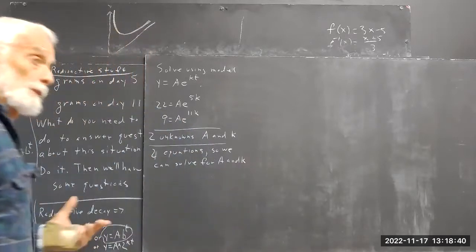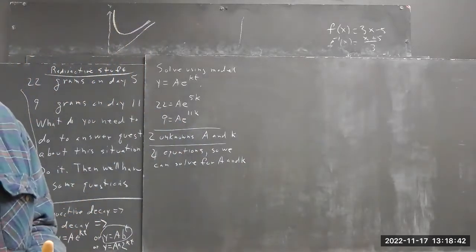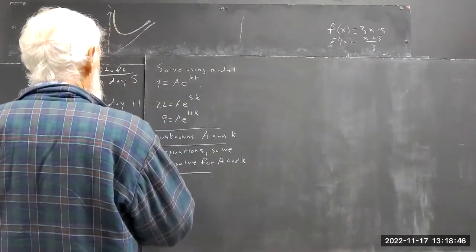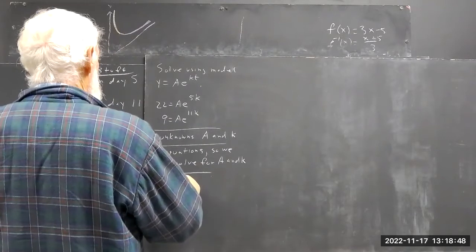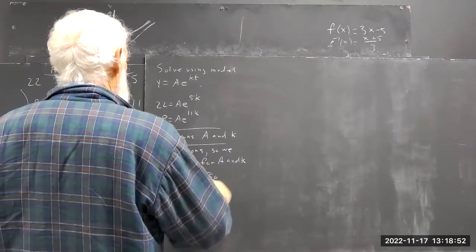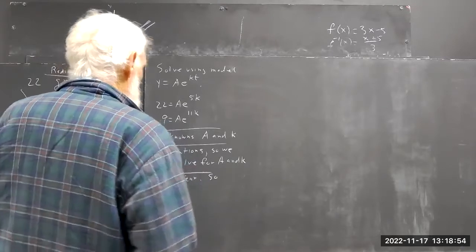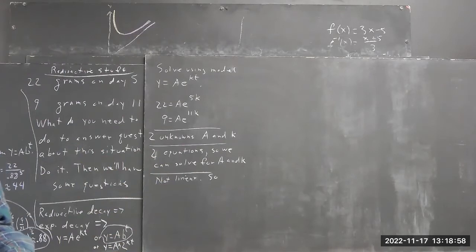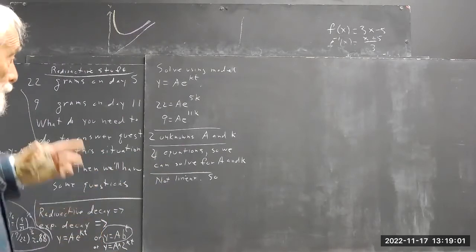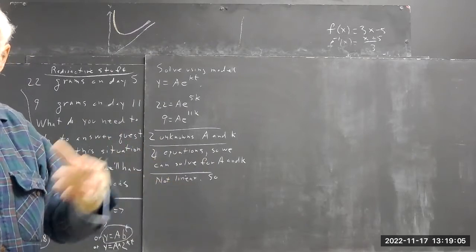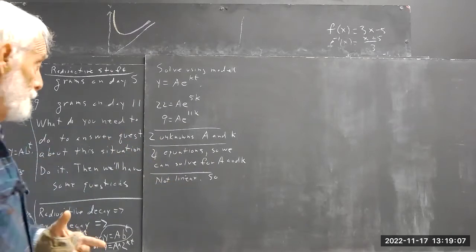There are two equations we can solve for a and k. Not linear, so we can't use elimination. We can use the method of solving for either a or k by eliminating the other variable, right?